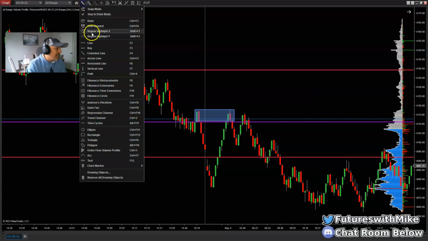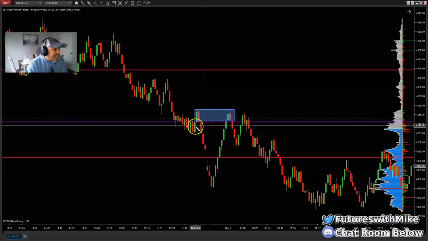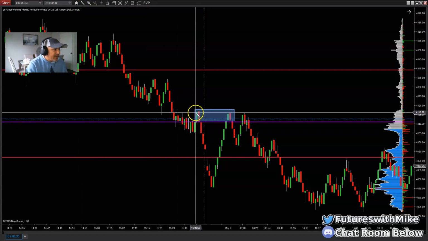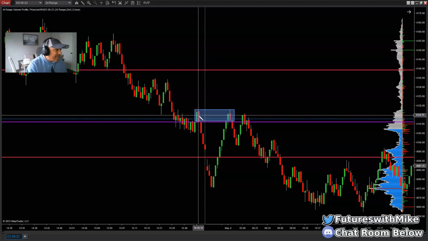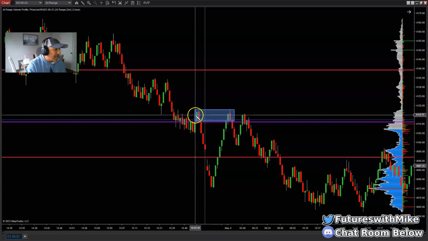I'm just going to use the arrow line here. You see the last up candle, the last green candle to the upside right here? Now, the next candle, meaning we're looking for a candle that closes below with a full body close to the downside, which will be a red candle. It's this candle right here. This red candle took out that green candle.